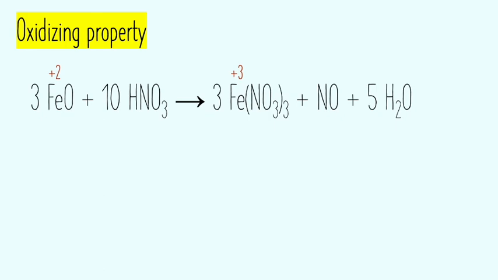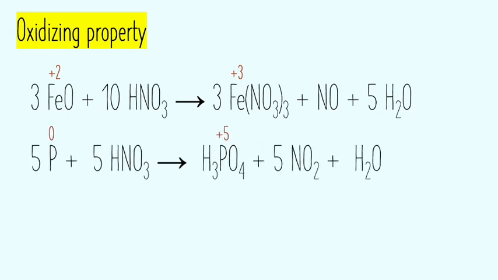Ferrous oxide is a reductant because the oxidation state of iron is +2, which is lower than its highest state. While ferrous oxide is oxidized, nitric acid is reduced to form nitric oxide. Phosphorus is also oxidized to phosphoric acid when reacting with nitric acid.